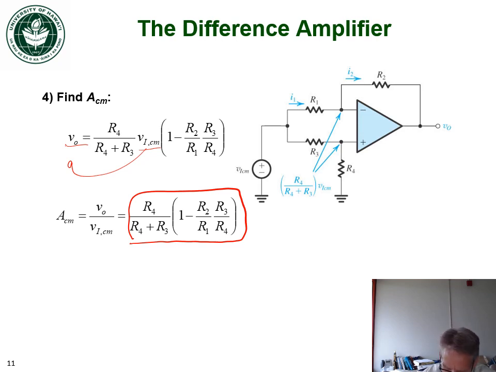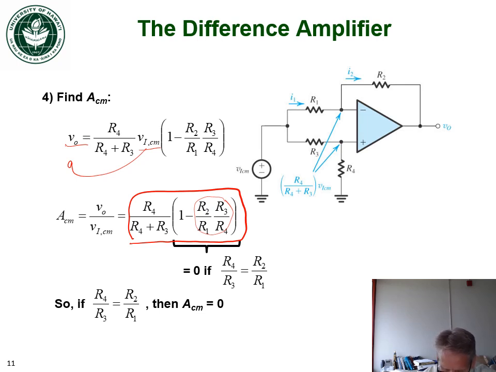Now, it's hard to quite understand, but remember what the condition we're imposing, that R4 over R3 is equal to R2 over R1. If that's the case, this term here becomes 1, and the entire common mode gain becomes 0. So what that means is that if R4 over R3 is equal to R2 over R1, then the common mode gain equals 0.